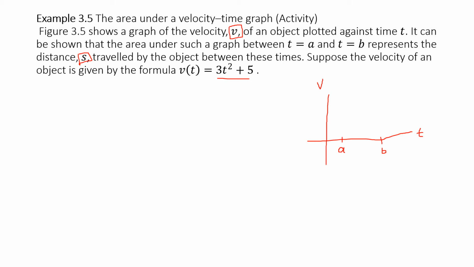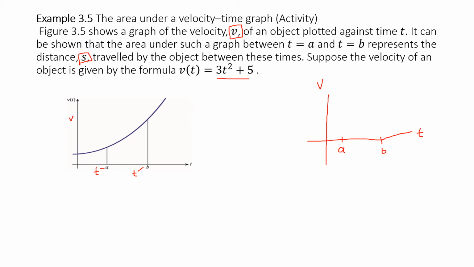Well, let me see the graph here. So yes, it is parabolic. I should explain this one. This is t and this is another t. Both of them will be in the same unit, and this line is for v, velocity.